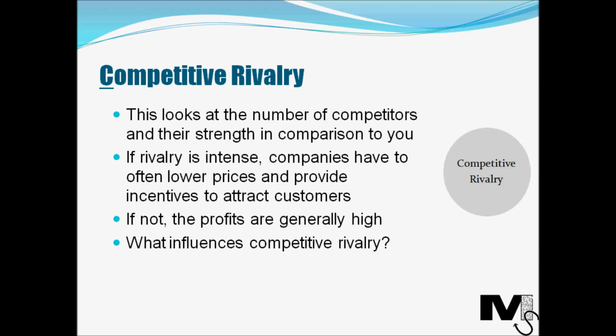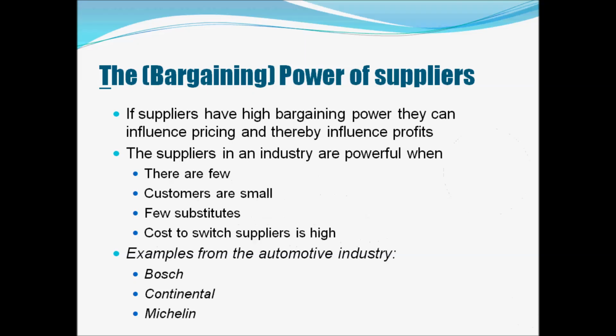The bargaining power of suppliers. If suppliers have high bargaining power in an industry, they can influence pricing, obviously, and thereby influence profits. And when do suppliers in the industry have a lot of power? When there are a few of them, they become very powerful automatically.